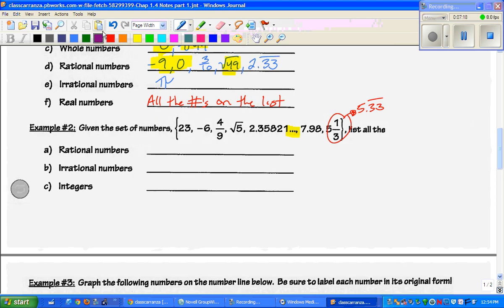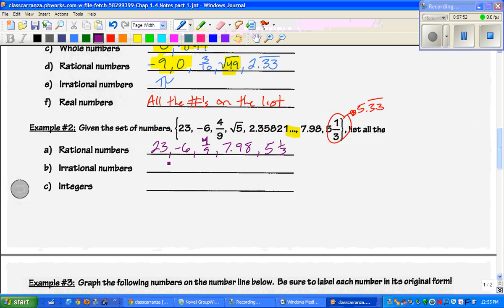Okay, so let's take a look. Rational numbers. Well, 23, -6, 4 over 9. Square root of 5 is no. 2.35821, dot dot dot, no, because that can't be written as a fraction. 7.98 and 5 1/3.